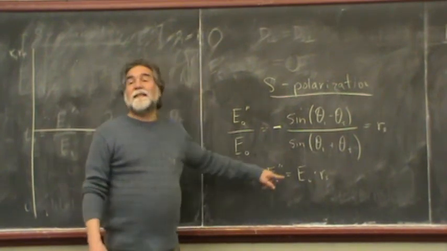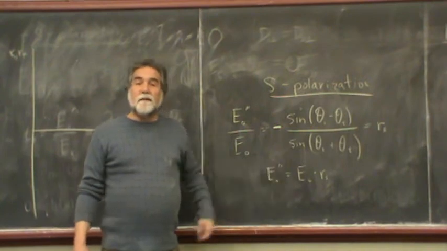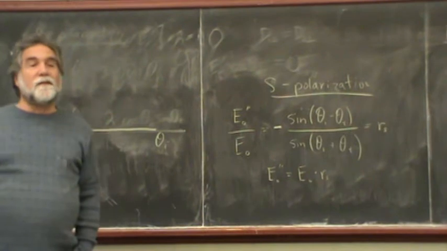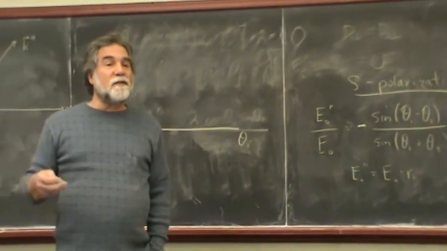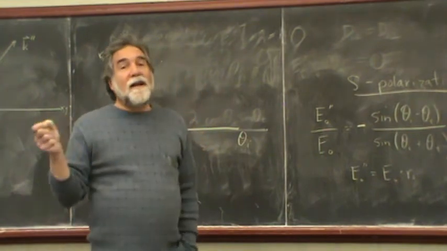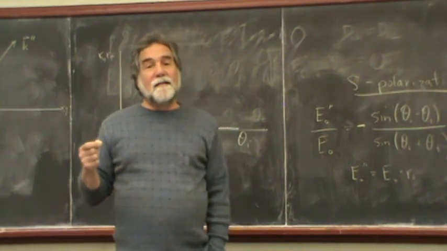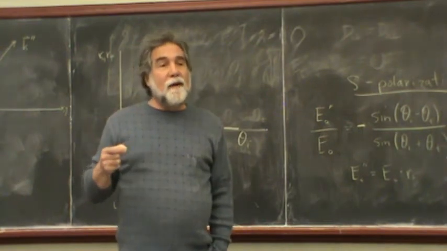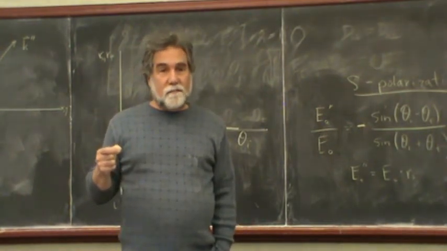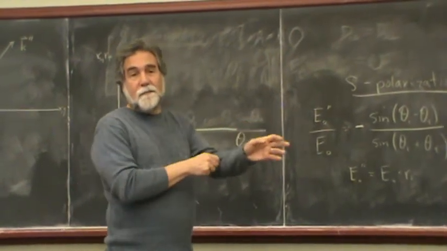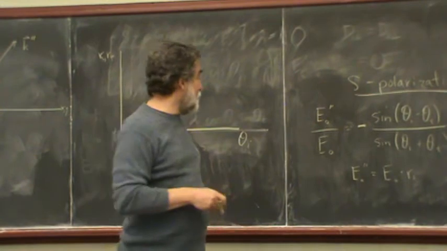All right. So that's the relationship between the fields, which means that if I worked out the intensity, which would be the average Poynting vector, it is proportional to the square of the fields. If I start writing out things in complex notation, then the way that you square the field is to multiply it by its complex conjugate, so that you get a real intensity by the time you're done.